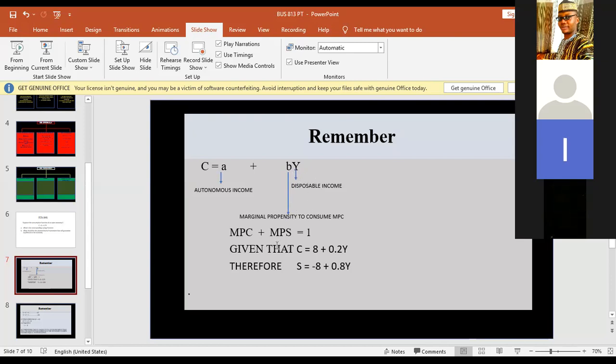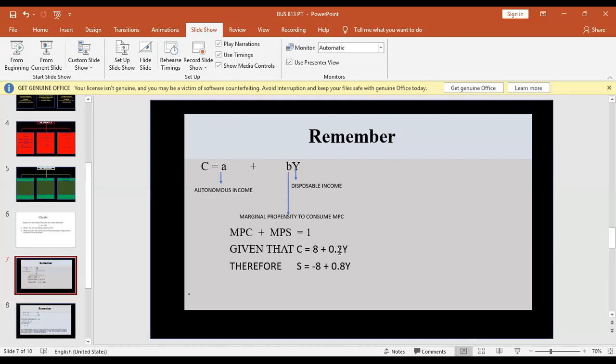So now the law or the formula states that marginal propensity to consume plus marginal propensity to save equals 1. Given that consumption is equal to this, if B is marginal propensity to consume, and you want to write your S, that means your savings function.